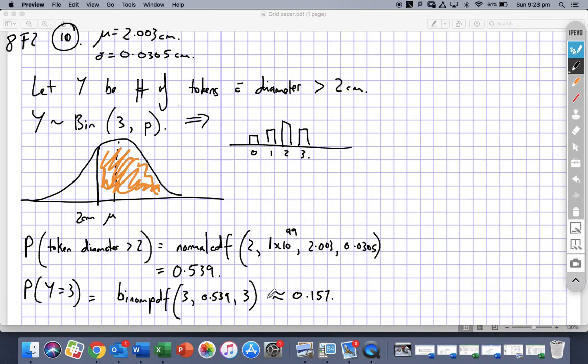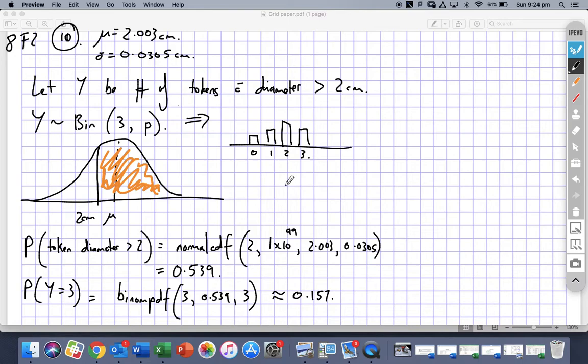0.157, I think. So I was entering it right. Approximately 0.157. Now, because we're looking at just this one situation, there's only one way to get all 3. There's only one path through the tree, if you imagine a tree diagram, and you could have simply just done this.